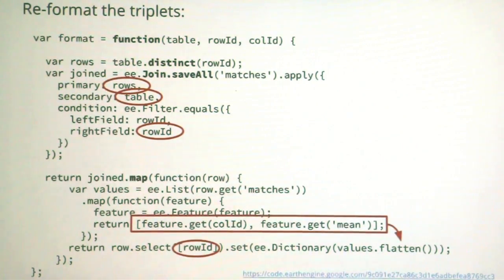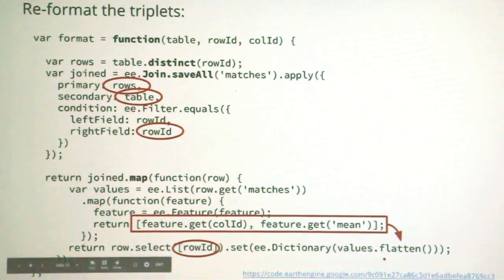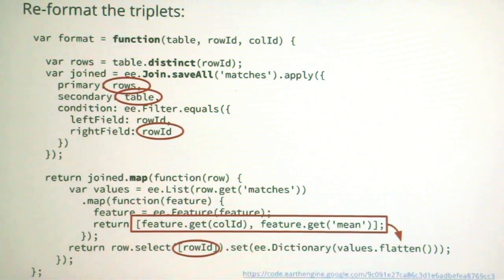And now we're going to take this list and flatten this giant list of lists. And when you call flatten on a list of lists, you get a sequence of pairs.